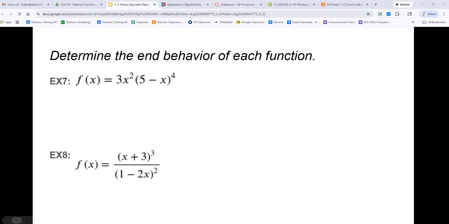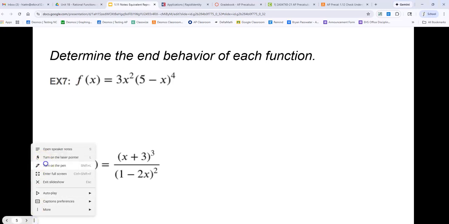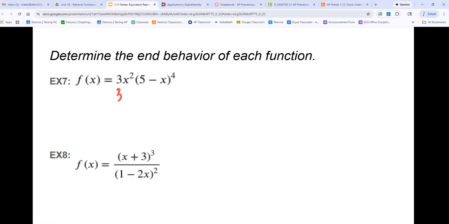And so what I would do is, I know I would have like 3x squared right here. And then I know I would have, you know, if I want to, I could do the 1, 4, 6, 4, 1. I could do that. And for your sake, I'm going to write the whole thing out.